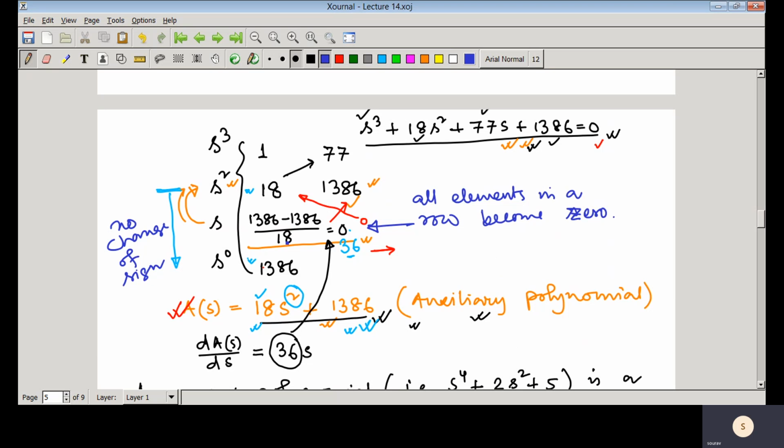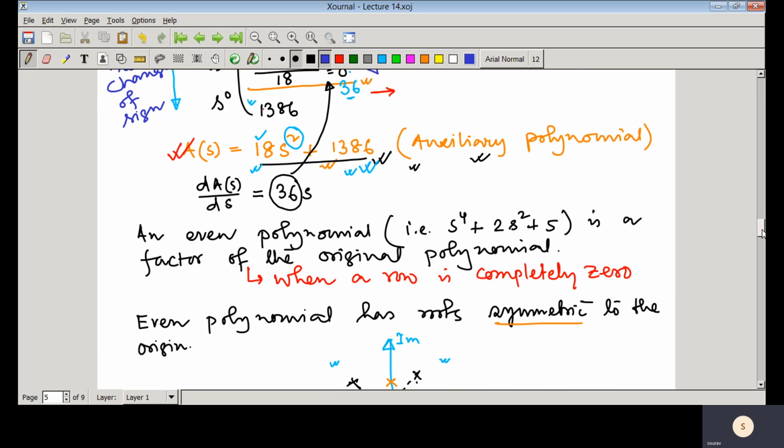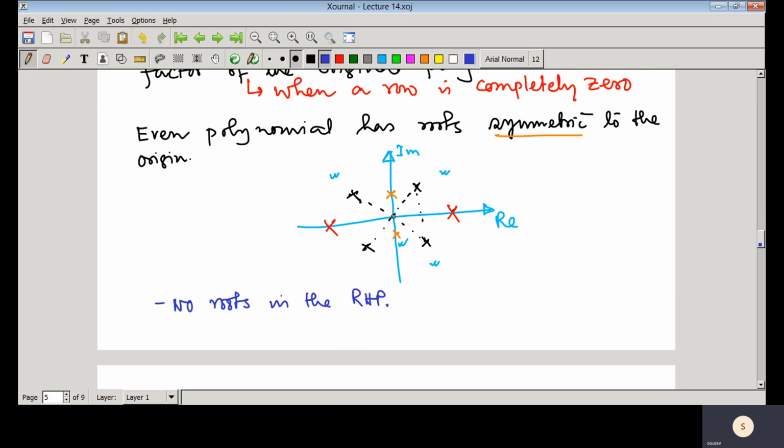As there is no change of sign, then no roots on the right half of S-plane, and as the roots are symmetric, then no roots would be on the left half of S-plane as well. So two roots would be on the imaginary axis.